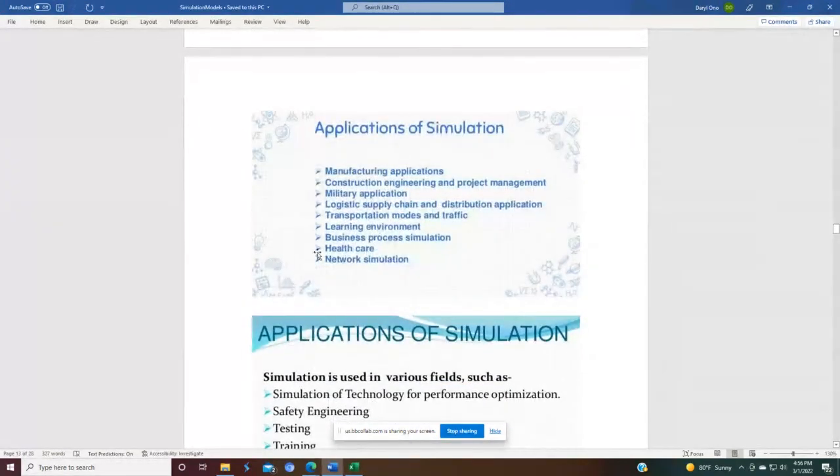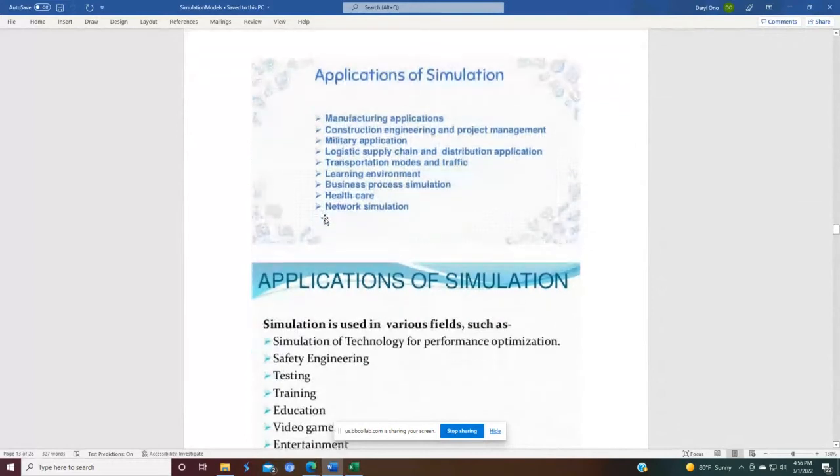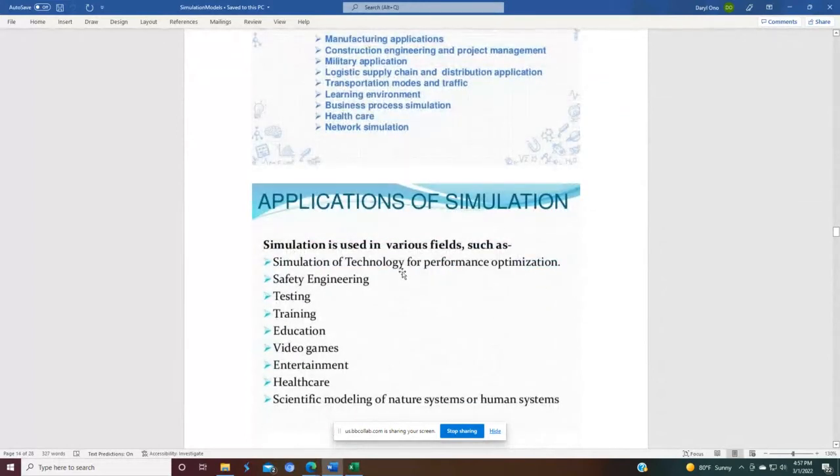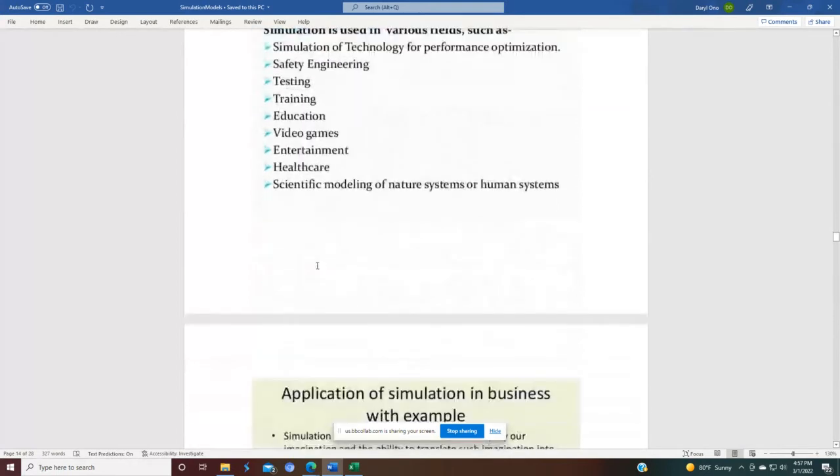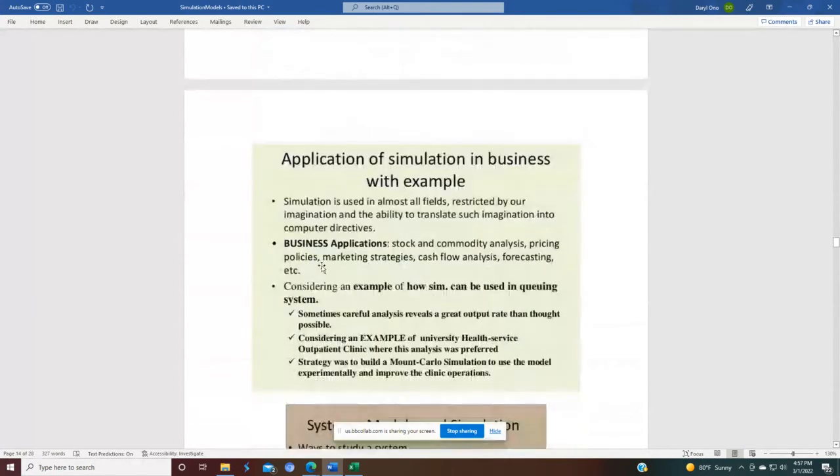Here's more slides of applications. I just found a whole bunch of these, and while there is some overlap, each slide is pretty unique.